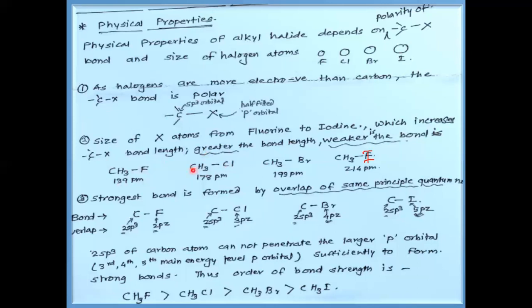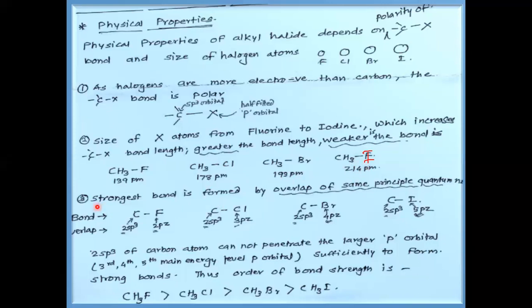CH3Cl, the bond between carbon and chlorine, the size of chlorine is more than that of fluorine, so 178 picometer, the internuclear distance between carbon and the nucleus of chlorine increases. Here it again increases, 193 picometer, and here 214 picometer. So here, the greater the bond length, the weaker the bond, as in methyl iodide.